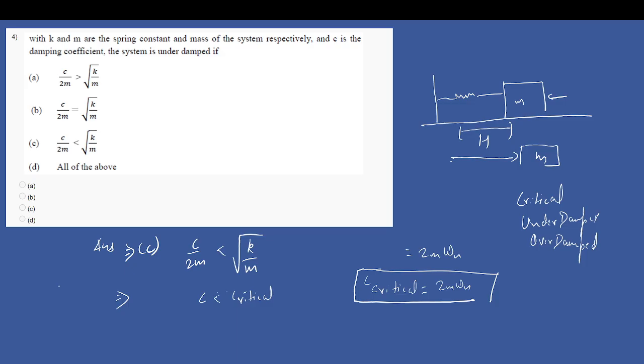And critically damped system, when the coefficient of frictional resistance which has been offered is equal to 2m omega n. So in that case, C is equal to C critical. And over damped system is very difficult to find, but there's one viscous damper which you can say is an over damped system. So these are some of the examples. I'm not able to recall the critically damped example, but once I get it, I'll let you know.